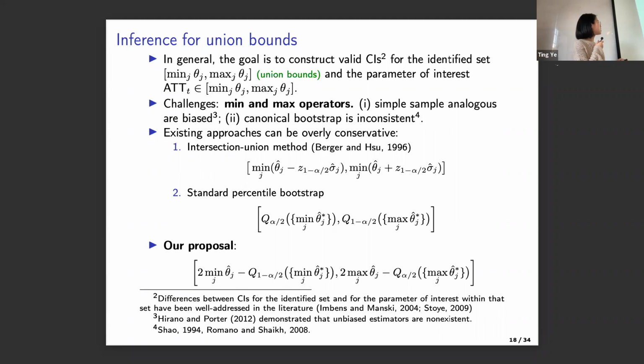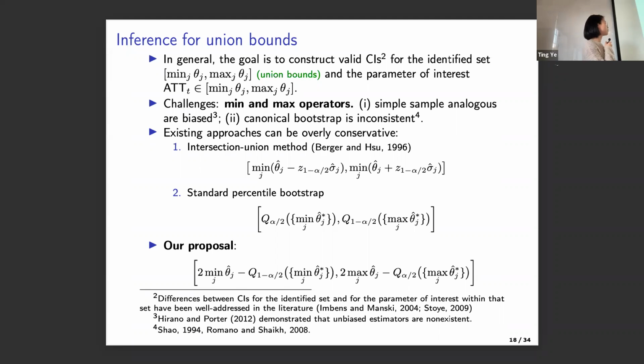The other option is the standard percentile bootstrap. Basically, you generate a bootstrap sample for each one of them, calculate the bootstrap analog of theta j, and take the minimum. You do this many times and take the alpha over 2 quantile. By a generalized max-min inequality, this standard percentile bootstrap is even more conservative than the intersection union bounds.